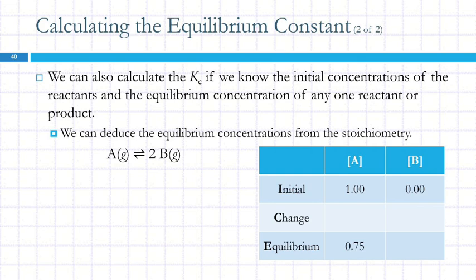And then when it comes to equilibrium, we measured the concentration of A and found out that it was 0.75 molar. We can figure out the rest. If this started at 1 and went to 0.75, how did it change? It went down by 0.25.